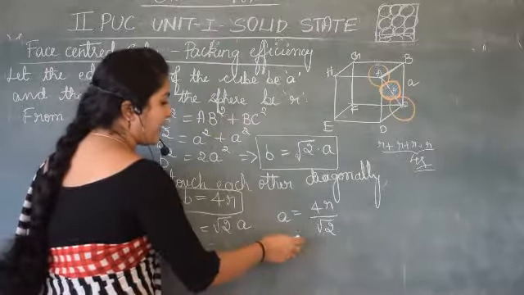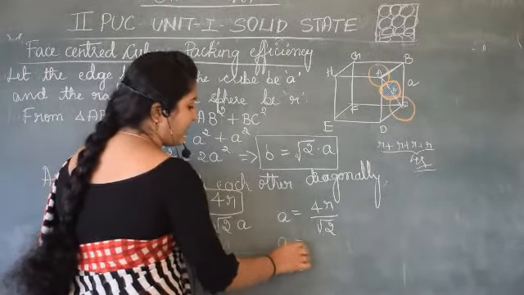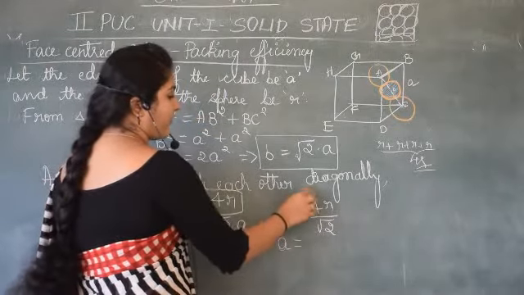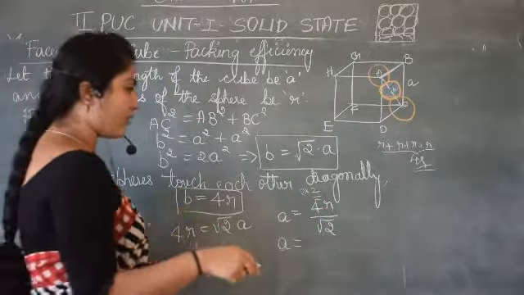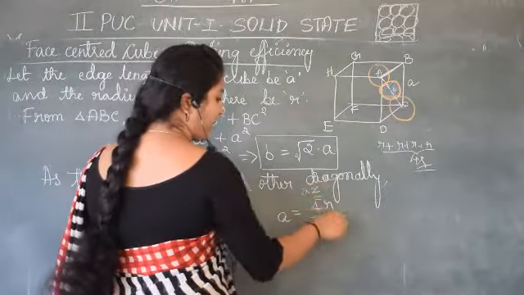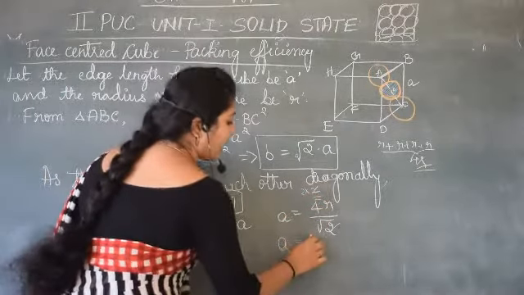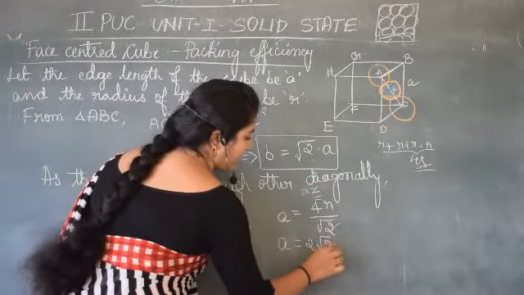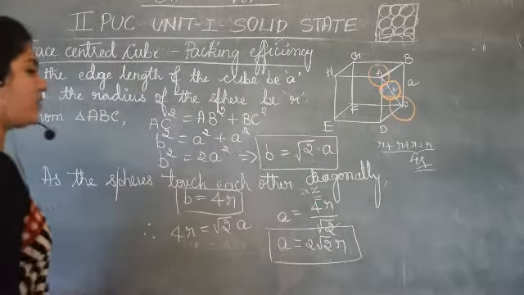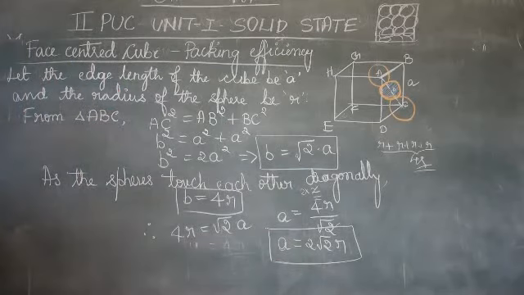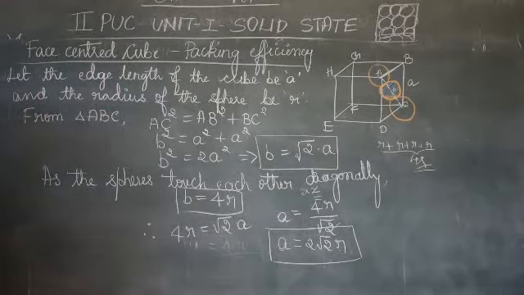Otherwise, can I write it as A is equal to, here 2 2's are 4. Again 1 2 I can write it as square root of 2 into square root of 2. So 1 square root cancels, and 2 root 2r remains. A is equal to 2 into root 2r. You have got A now.